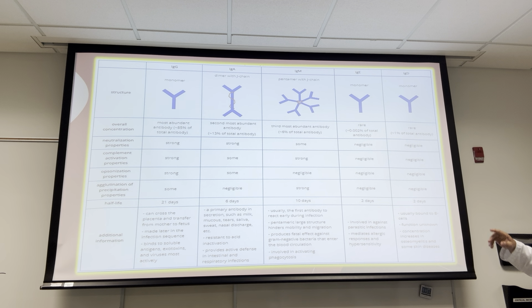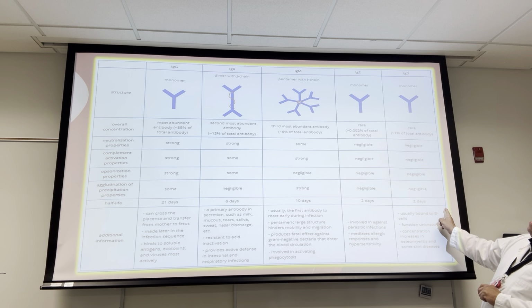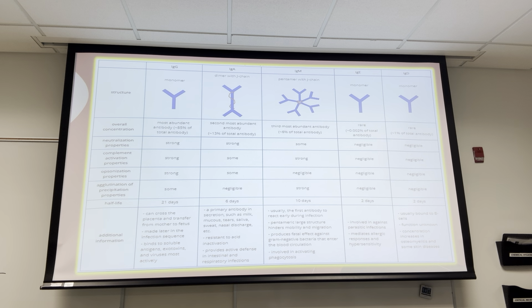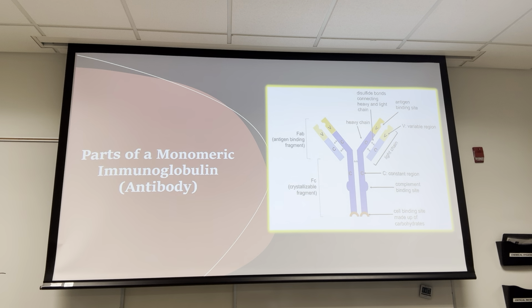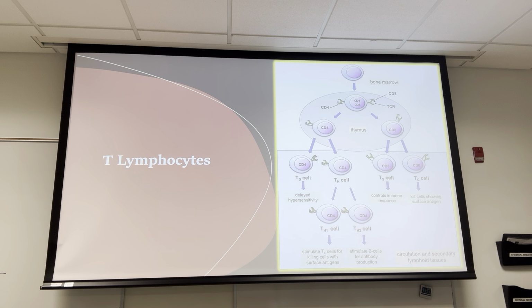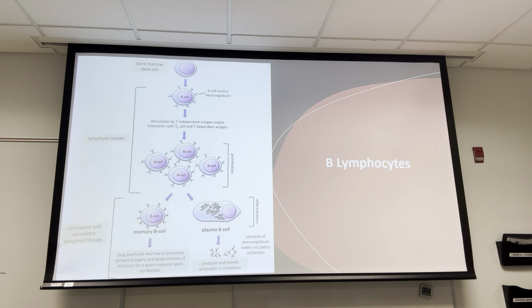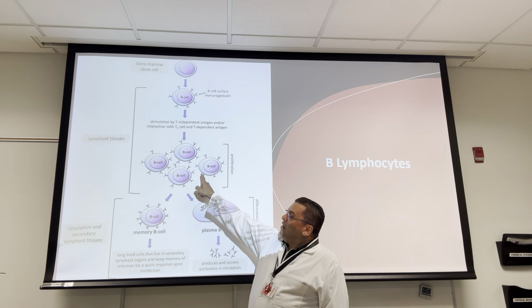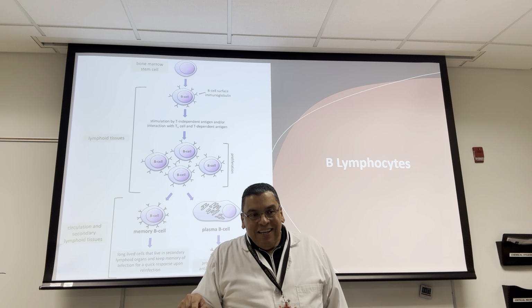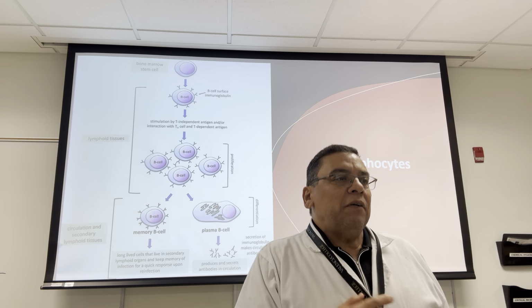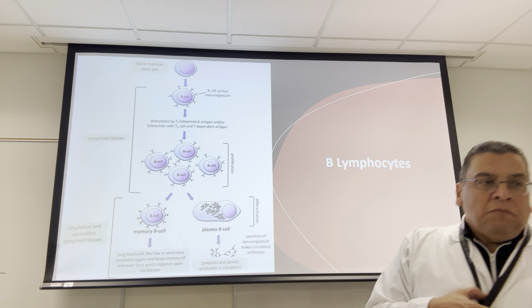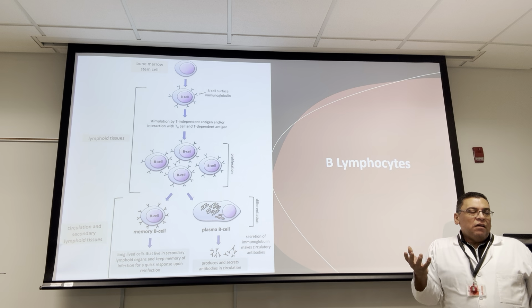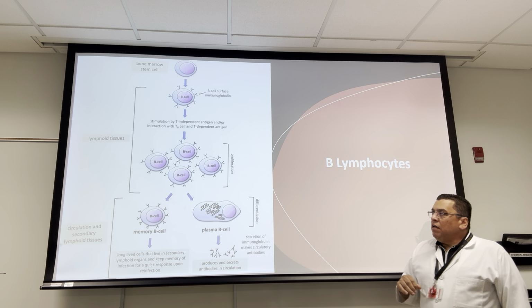Okay, this guy here, IgD. That's the antibody. Watch this now. That's the antibody that is on the B cell. That's this right here. The IgD is the B cell receptor. I mentioned it on Thursday, and I will go over it again.